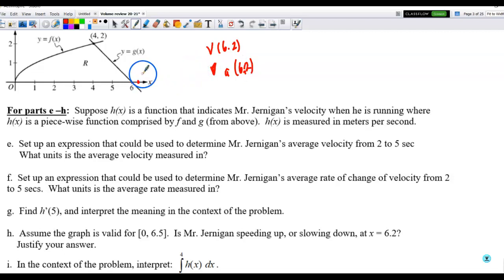The given graph is the velocity graph, so at 6.2, we are past 6, and the velocity is clearly negative because the graph is below the x-axis. Since the velocity graph is decreasing, the acceleration, or the slope of velocity, is also negative. Since velocity and acceleration have the same sign, Mr. Jernigan is speeding up, which is what I would expect him to do, of course.